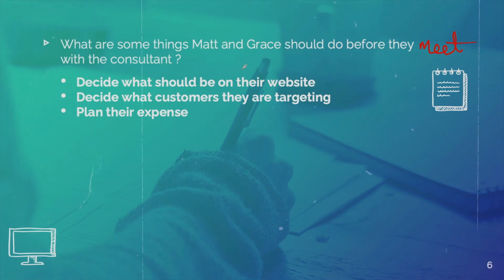Then they should also decide what customers they are targeting, because the majority of the population are old and they don't know how to use computers or place online orders. They should decide what customers they are targeting and then decide if it's worth the investment. And the third thing is that they need to plan their expense and also schedule before meeting with the consultant.